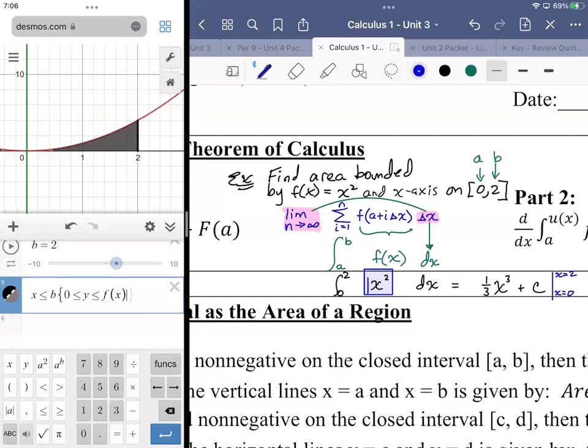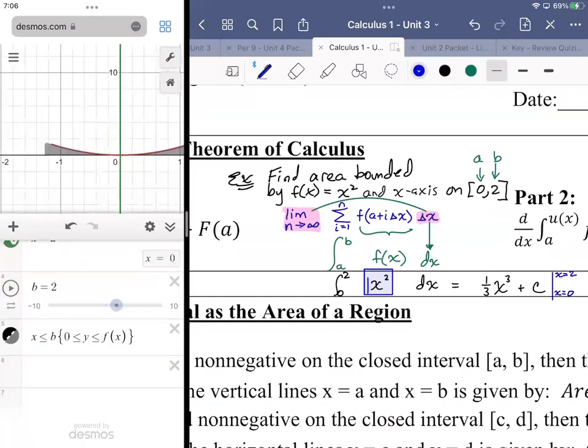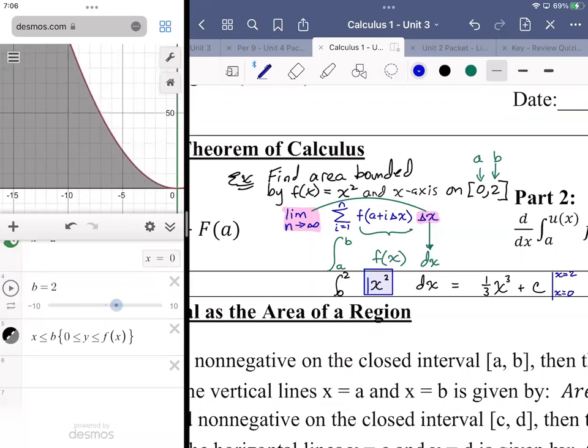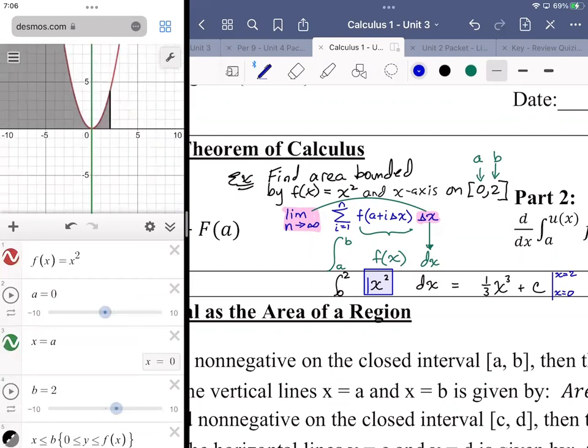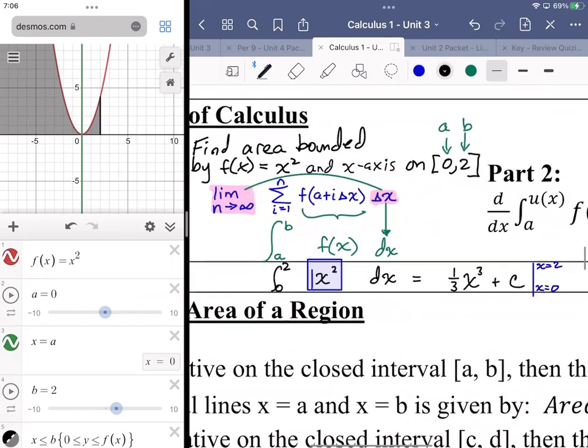Yeah. So it'd give me all the area to the left of 2, like for all eternity. It would never stop going, right? So that's what a substitution of 2 into an antiderivative gives us. So that's what I'll do, because that's useful information. At least it truncates it somewhat.